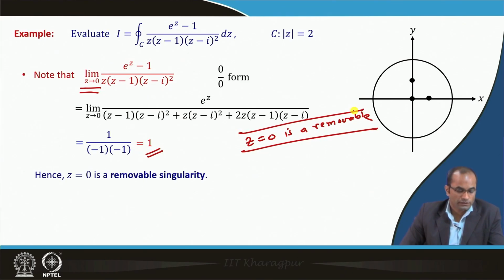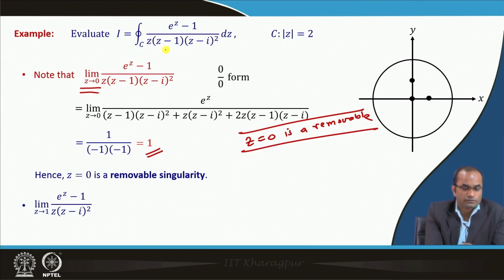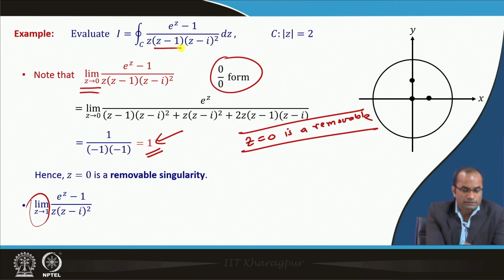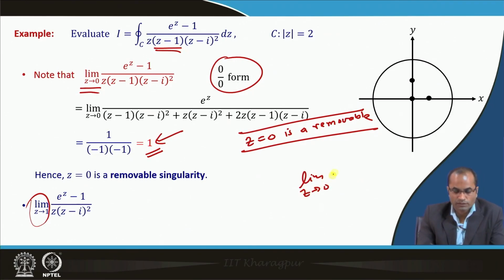And now we will discuss the other one, z minus 1. Here the L'Hopital rule was applicable, and as a result we got the value 1, but this is not going to be the case when z approaches 1. So, what we are considering now is the limit as z approaches 1 of z minus 1 times f(z), the integrand.